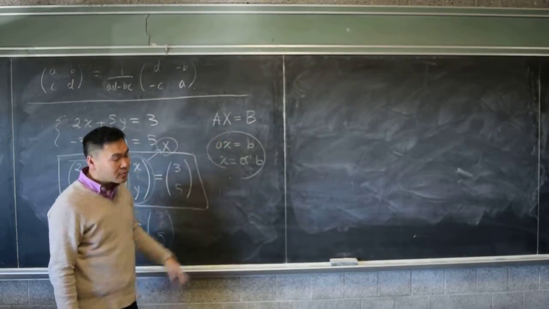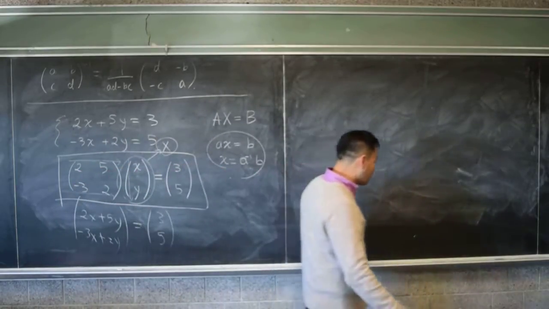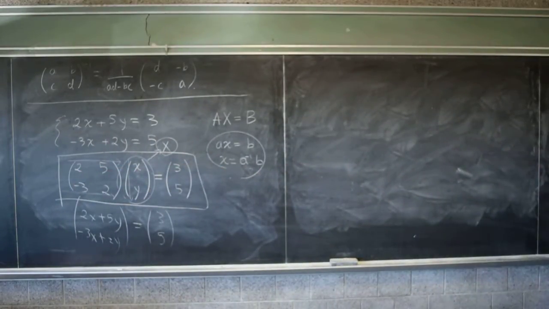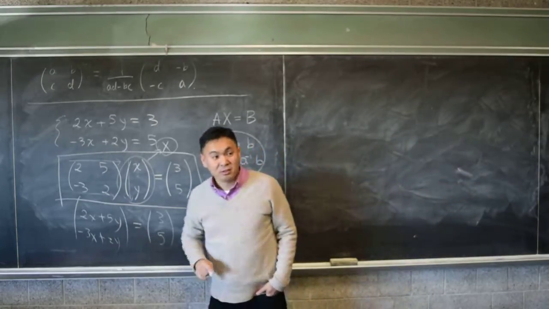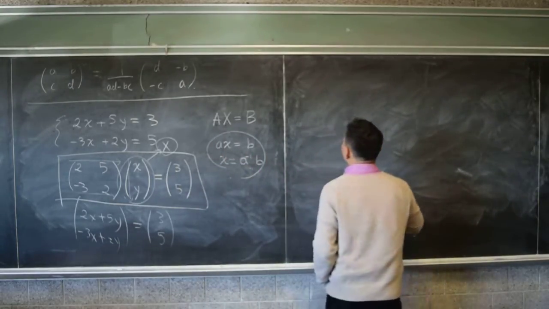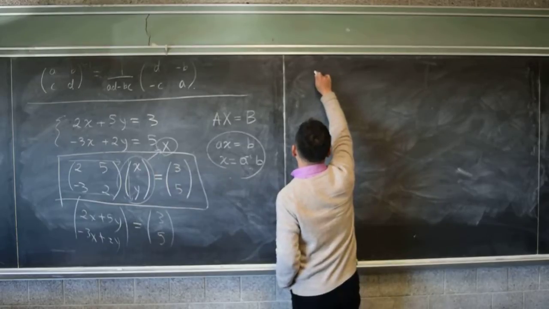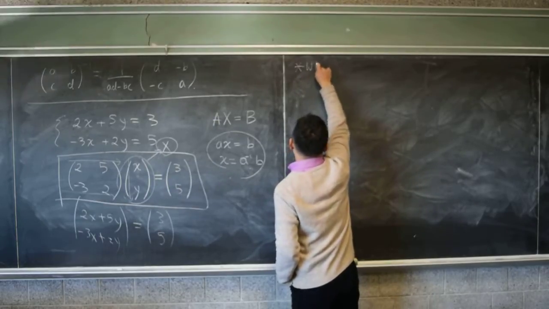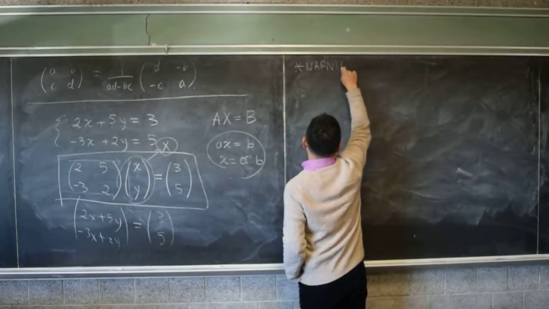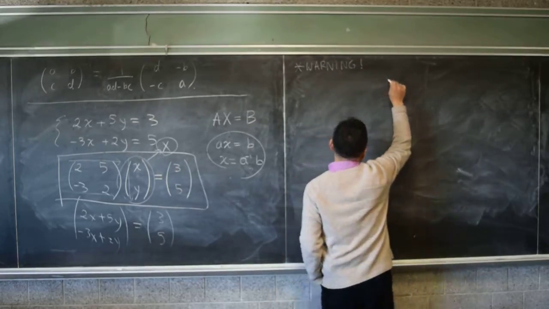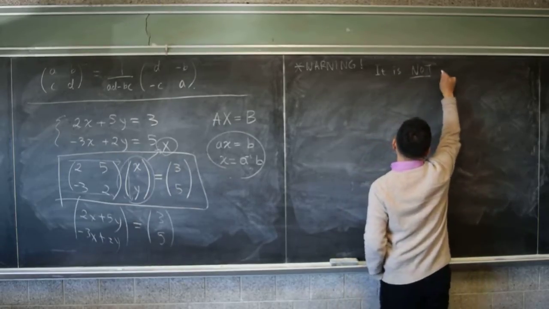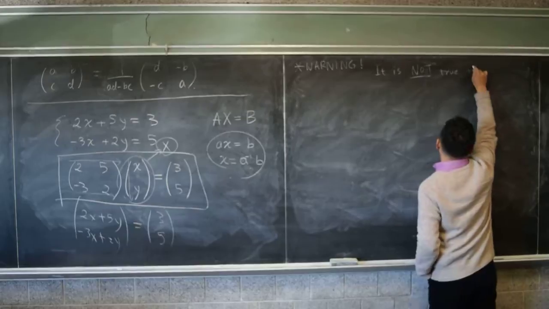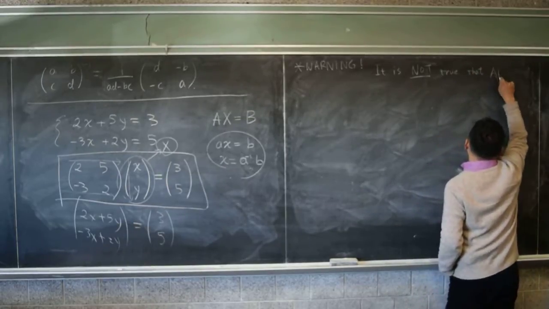Right? Now, there's one thing that you have to be very careful about. I didn't show you by example, but if you multiply two matrices, the order does matter. So, warning. It is not true that AB is BA.